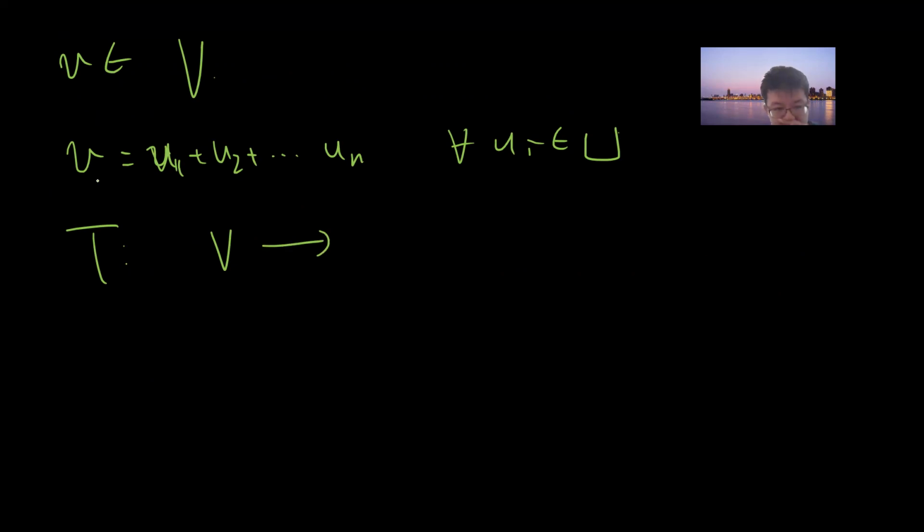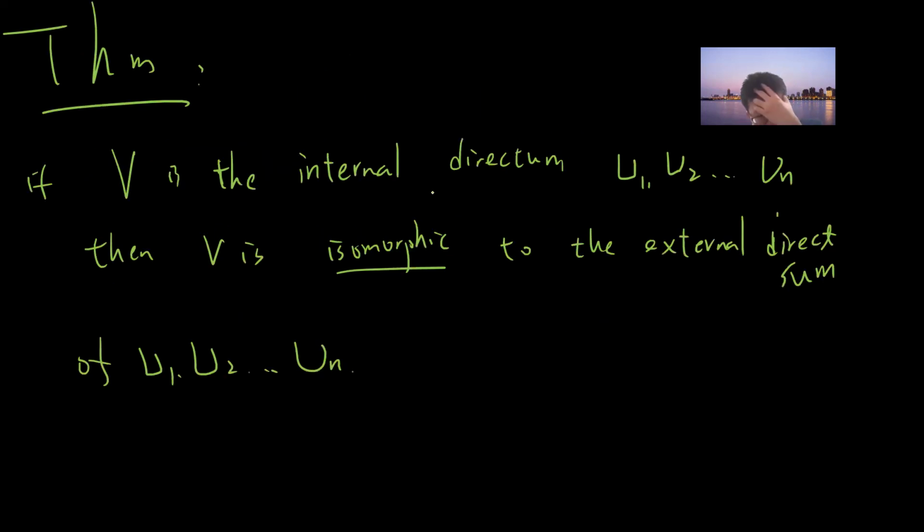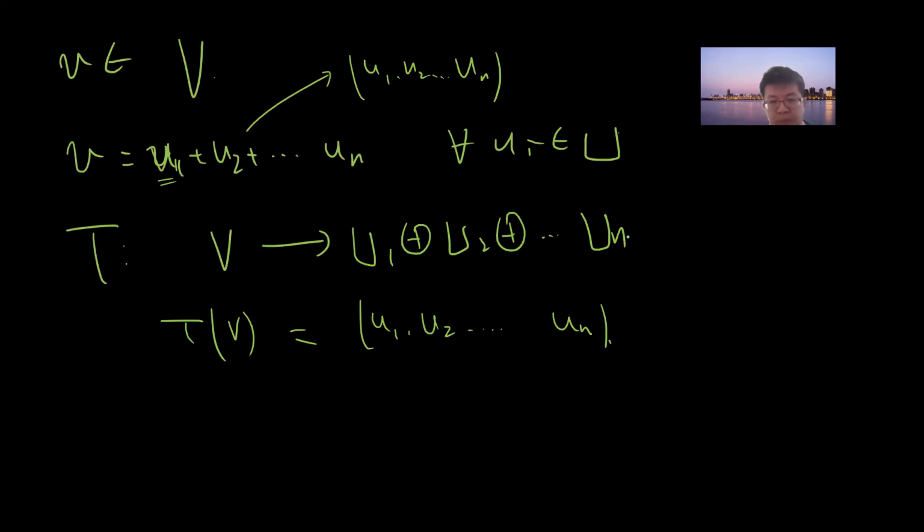By definition, this v can be uniquely written as U1 plus U2 up to Un, so I can map it to (U1, U2, up to Un). So I can define a linear map T such that T of v maps into each coordinate. We need to prove it's an isomorphism.